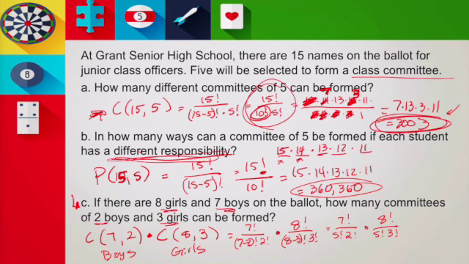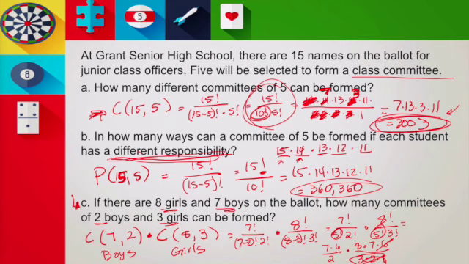And remember that we can cancel some stuff, right? We can cancel from the 5 on down, so this is 7 times 6 over 2 times 1, and this is 8 times 7 times 6 over 3 times 2 times 1. The 3 factorial is a 6, so that cancels.